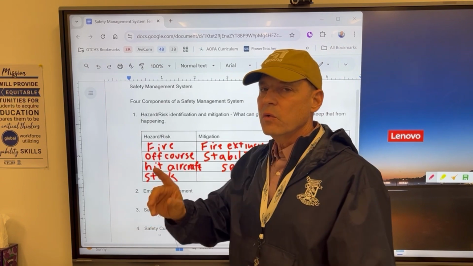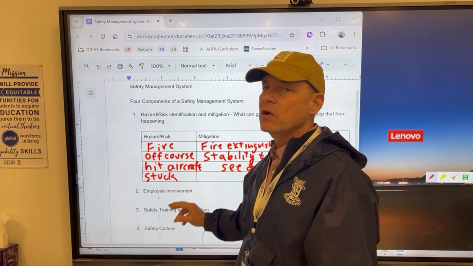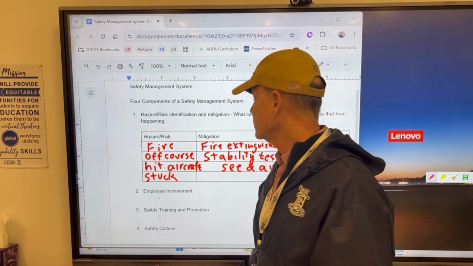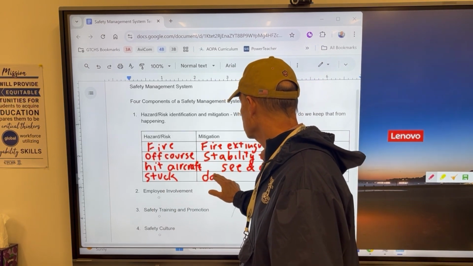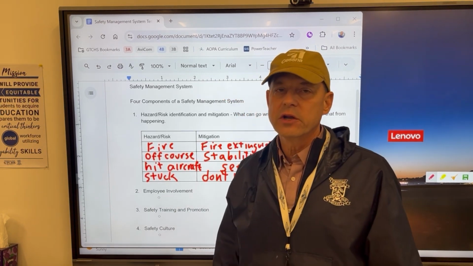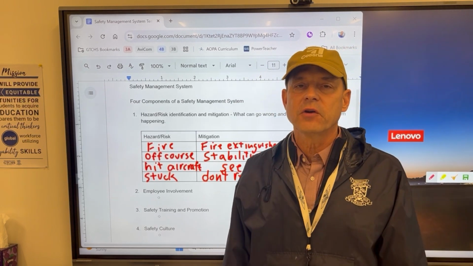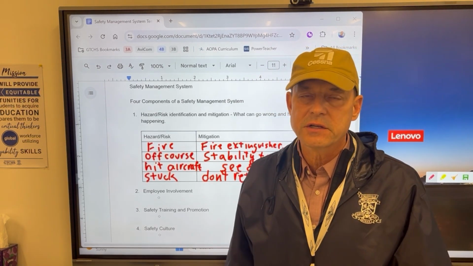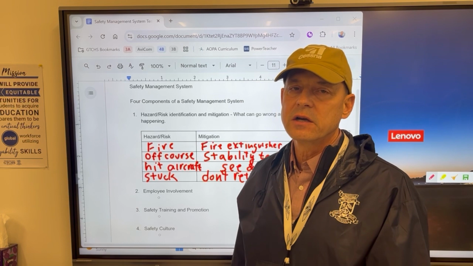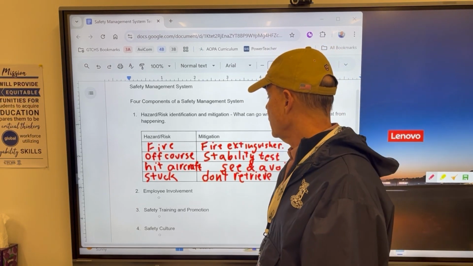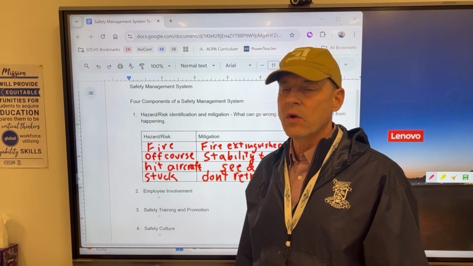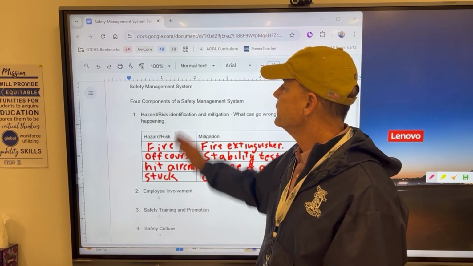So for number one, we are not going to do anything dangerous to retrieve the rocket. And the other thing we're going to do is we're not going to even launch it in the first place if the weather conditions, especially the winds, are not good. So I'm going to talk a little bit more about that in the other parts of the safety management system.